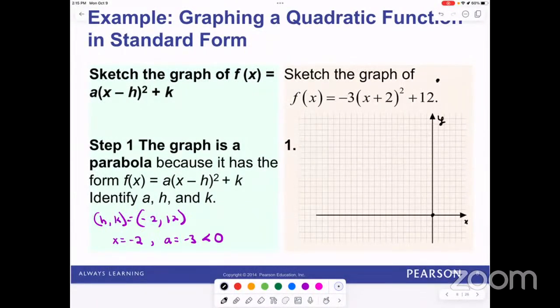So let me think. I'll let this be my negative 1. This will be my negative 2. Okay, here's my origin. And then 12. Let me see. 2, 4, 6, 8, 10, 12.